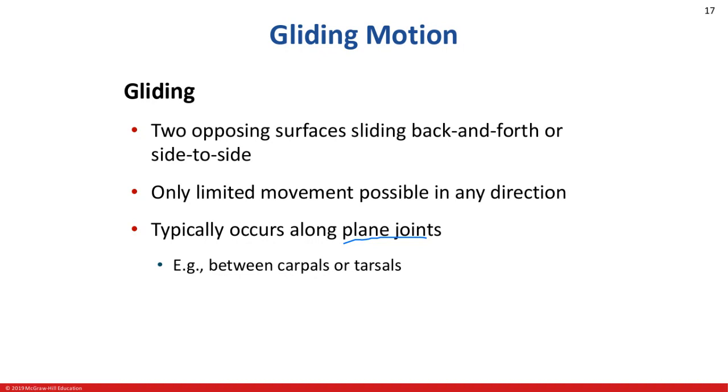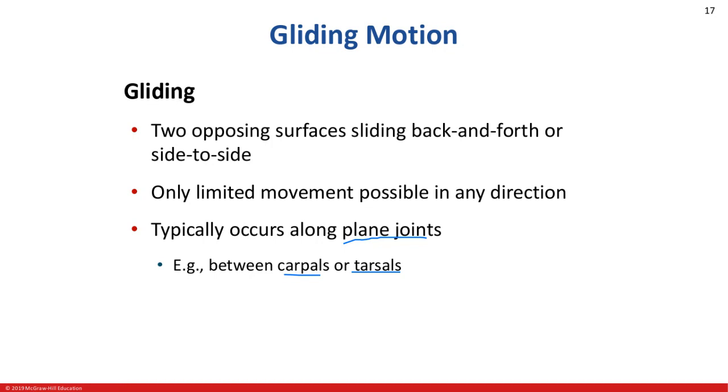This is what we see in our wrist, and we haven't talked about the tarsal bones, but the tarsal bones are the bones of your feet, not including your toes and the metatarsals. They make up the back portion of your foot, your heel, where your arches are located. Those are the tarsal bones.